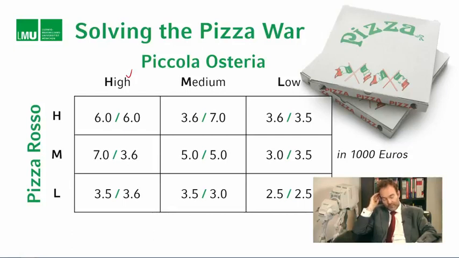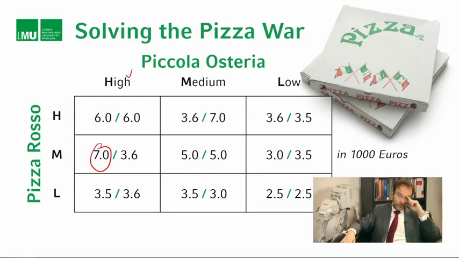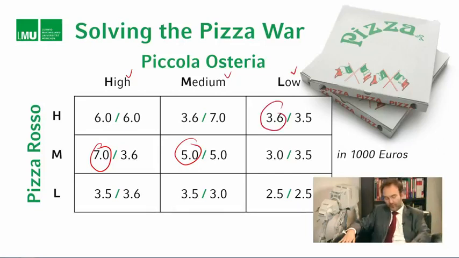So the best strategy here would be a medium price. If Piccolo Osteria chooses a medium price, then the best response, the best strategy that Pizza Rosso can choose is to choose a medium price again. If the Piccolo Osteria chooses a low price, the best strategy by Pizza Rosso is actually to choose a high price, right? 3.6 versus 3 versus 2.5.